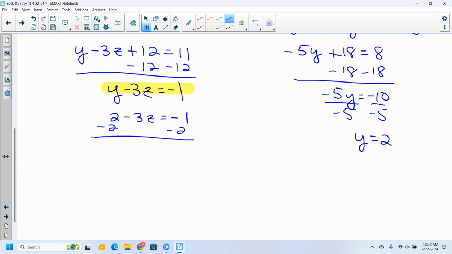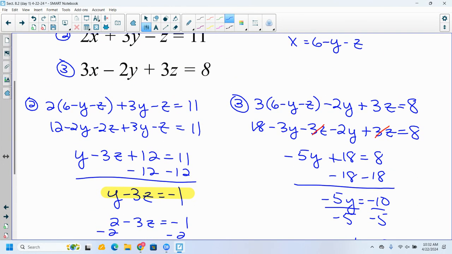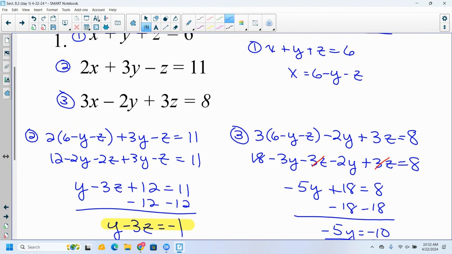Subtract 2, divide by -3, and I get z equals 1. Now go back to either your original equations or you can go back to where we got x by itself. Doesn't matter. You can pick any one of those three, or I can go where x is by itself.